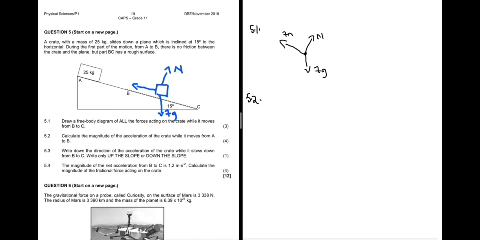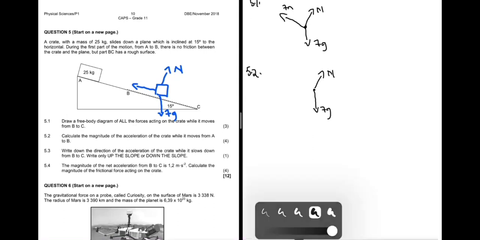If we draw a free body diagram while it moves from A to B, we know that we have a normal force because it's resting on a surface, and then we have FG like we always do. But in this case, we don't have friction because from point A to point B, the surface is said to be frictionless. So that's a good point to start.